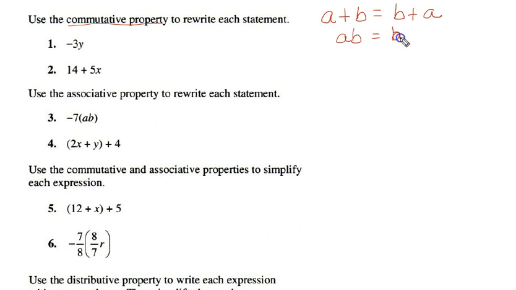Well, this should be a B here, and this is an A. Just switch the order around. Now, in addition, you have to put the sign in, and multiplication is implied when there is no sign between the letters.